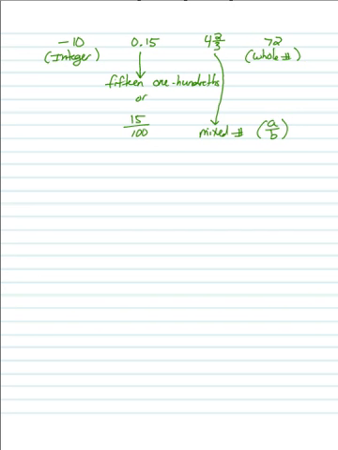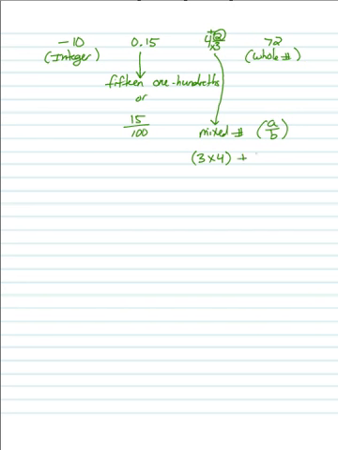And the way we do that is by taking the denominator of this fraction and multiplying it by the whole part, and then adding to that the numerator. So what we end up with is we have 3 times 4.